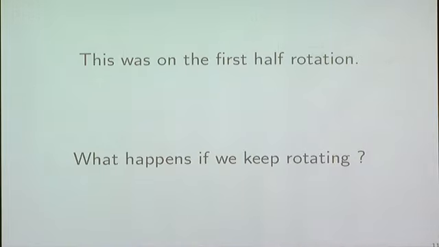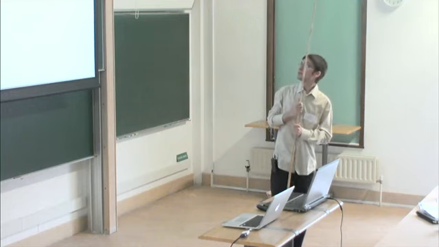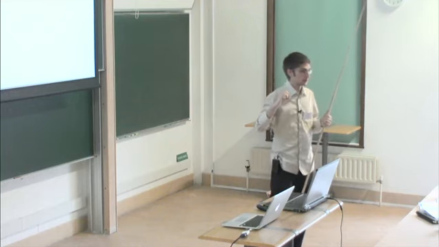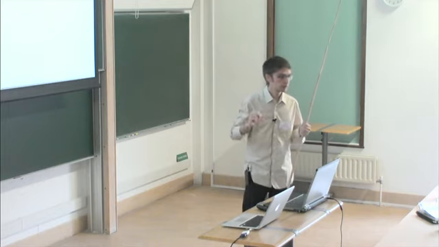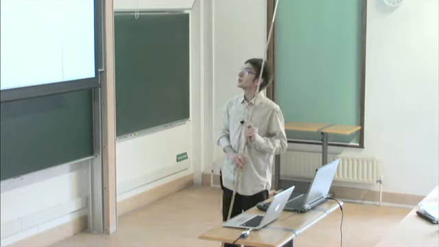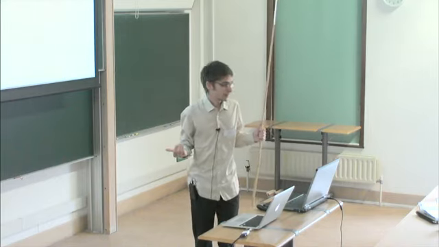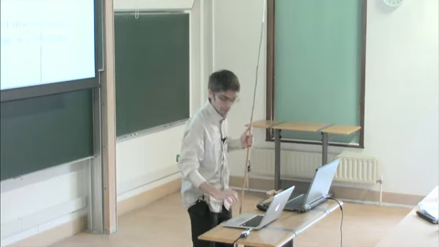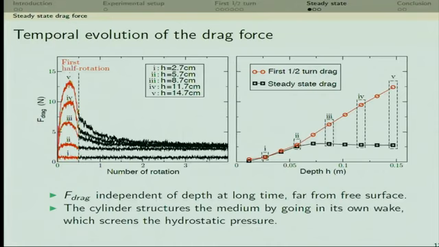Okay, so now, as I told you, this was only on the first half rotation of the cylinder in the granular bed. What happens now if we keep rotating? Actually, a new effect appears on the granular drag. Here, I've plotted the drag as a function of the number of rotations for several depths of the cylinder in the granular bed.